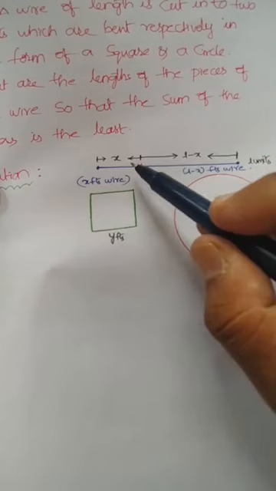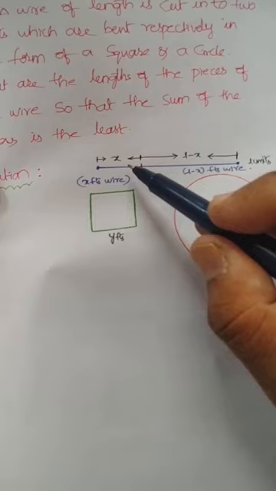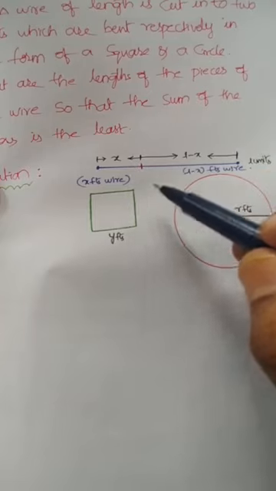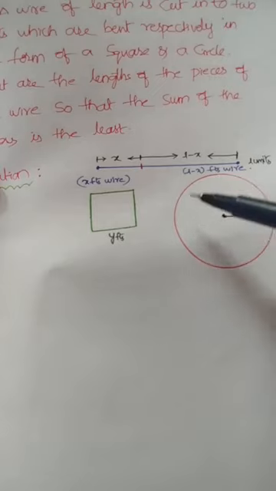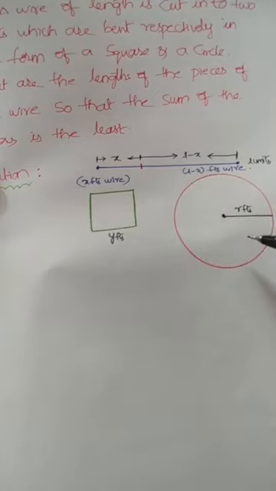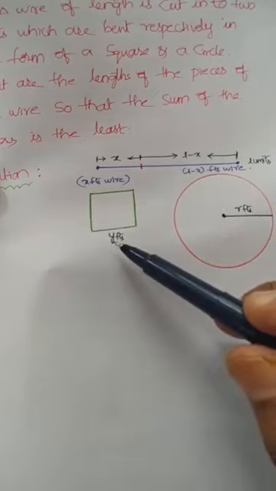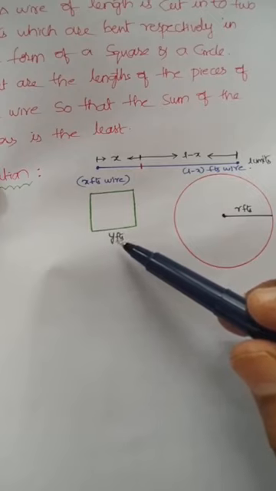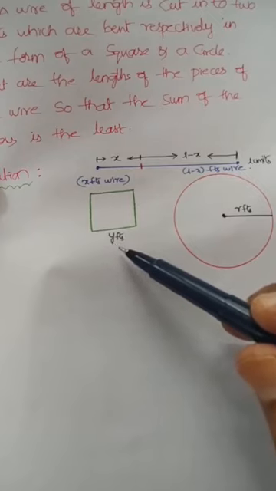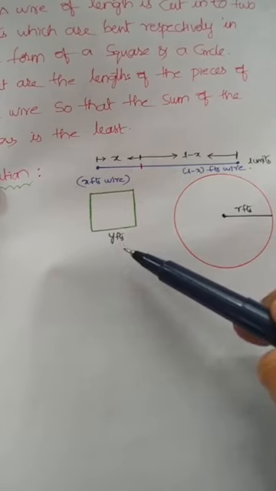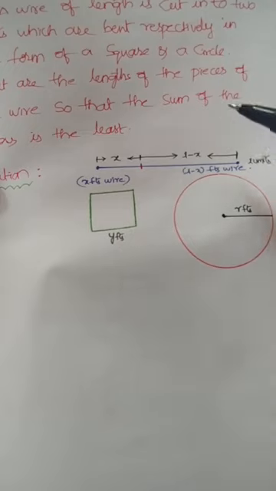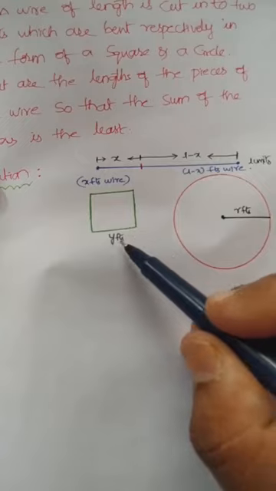So this x units is made as a square and this L minus x units is made as a circle, where the side length of the square is y units. He has not mentioned any units in the problem, so let us assume any units.